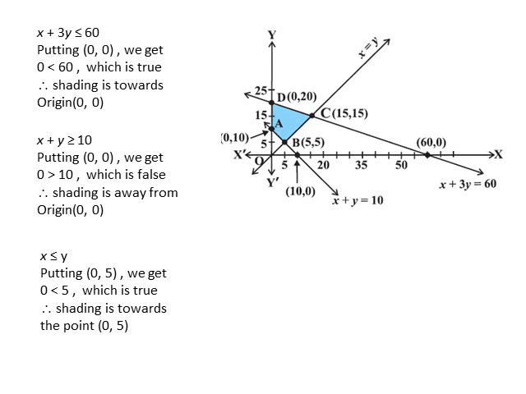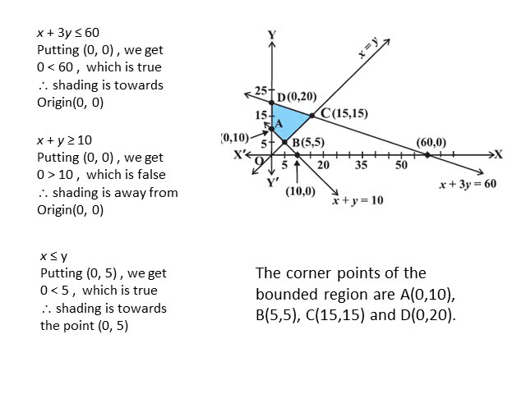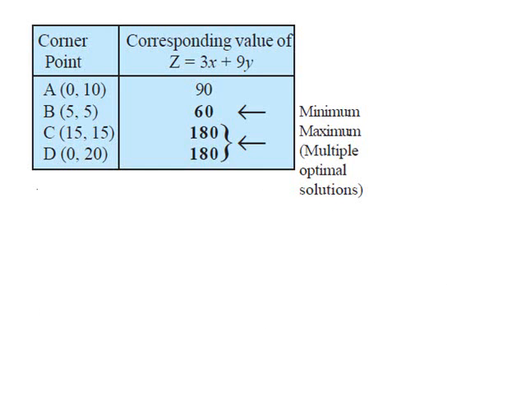Here corner points of the bounded region are A with coordinates 0 and 10, B with coordinates 5 and 5, C with coordinates 15 and 15, D with coordinates 0 and 20. Now find the value of z equals to 3x plus 9y at each corner point.